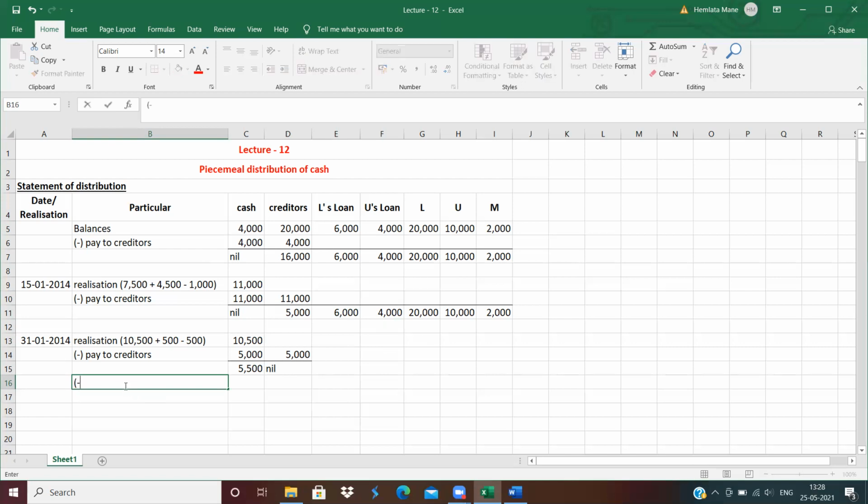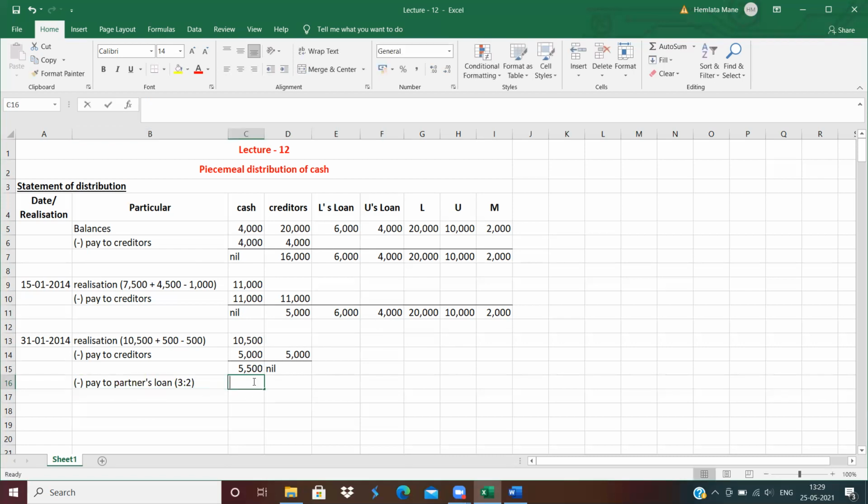So less, pay to partners' loans in the ratio of 3:2. You know how to calculate the ratio? 6,000 and 4,000, so the ratio is 3:2.